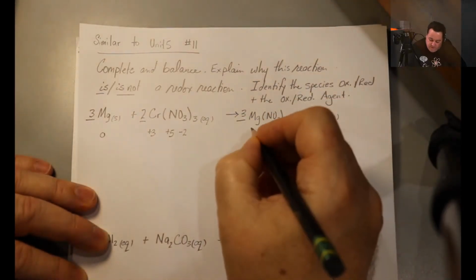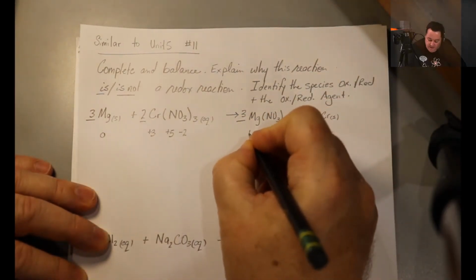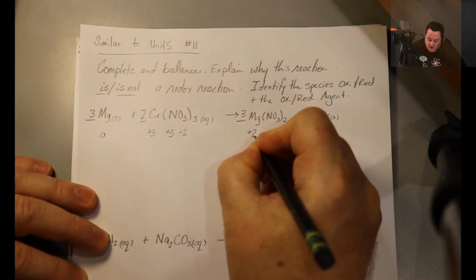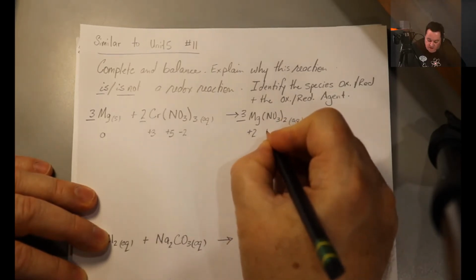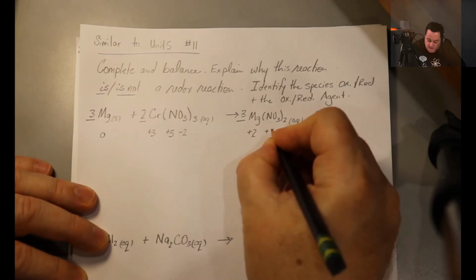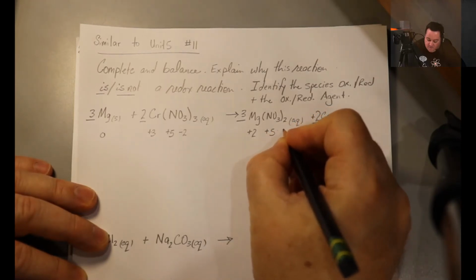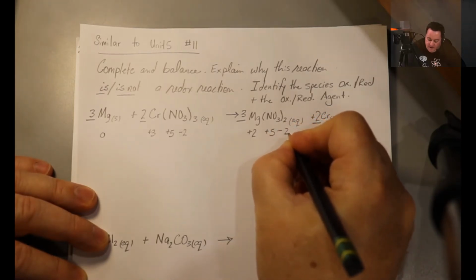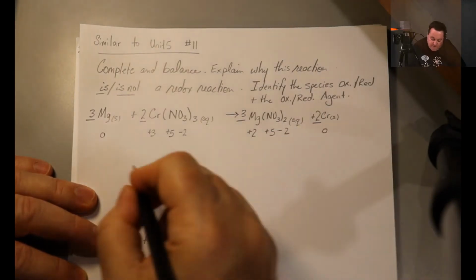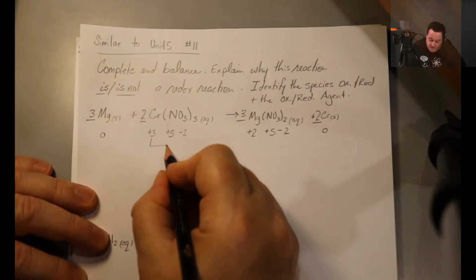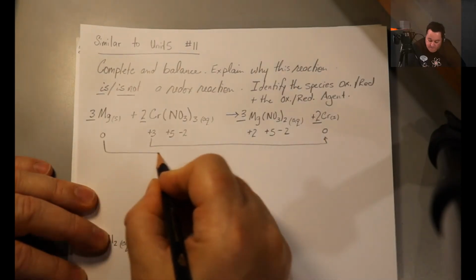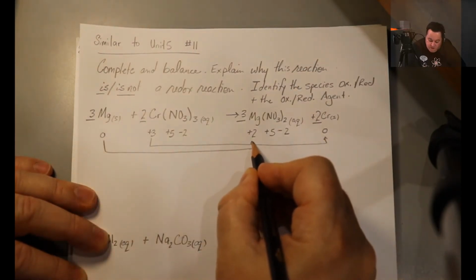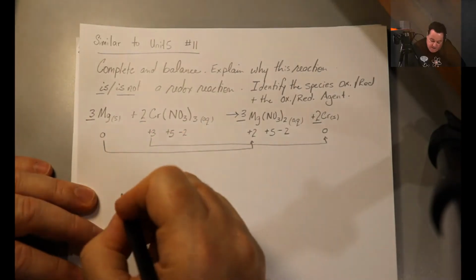So a little bit quicker on the other side, magnesium is +2, its ion charge. The nitrogen and oxygen in the nitrate don't change. Same numbers for the same reason. And chromium is an element, so it's 0. So we see here that chromium has changed and magnesium has changed.